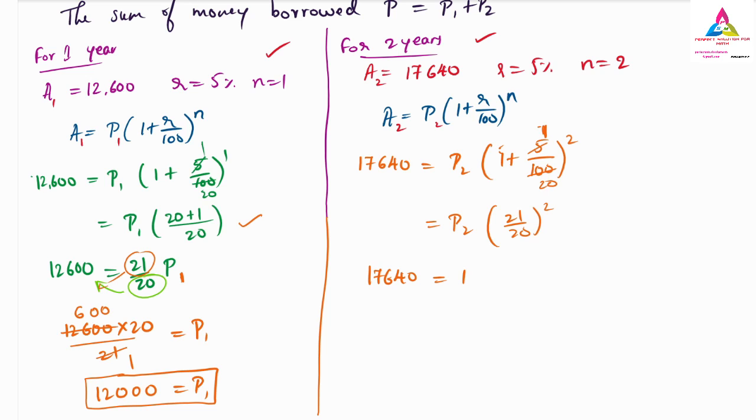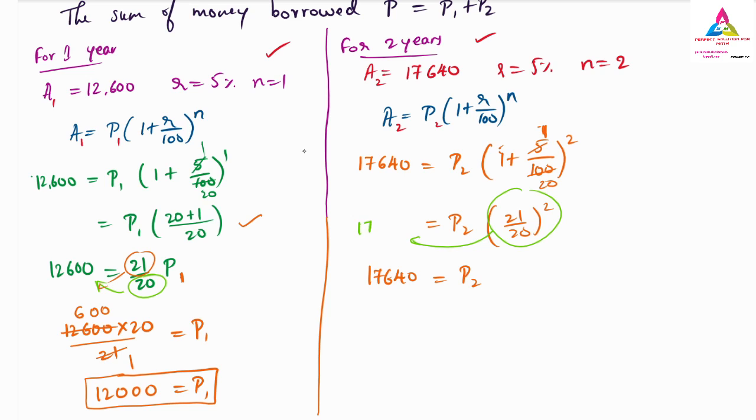So 17,640 into P2, and 21 squared. One small thing you have to remember: if you have 21 divided by 20, don't multiply now, bring that 21 by 20 to the other side.